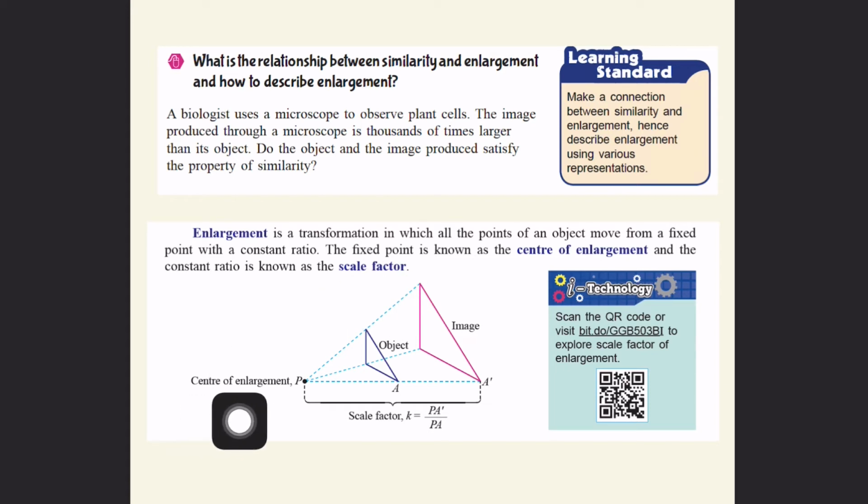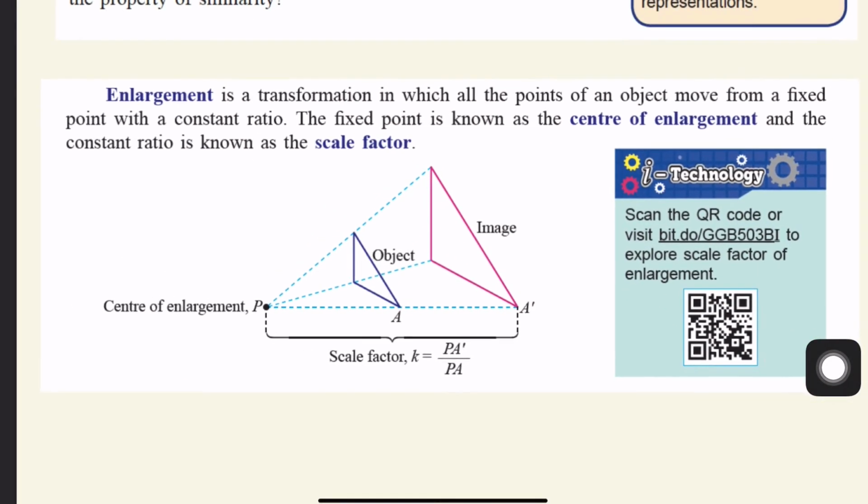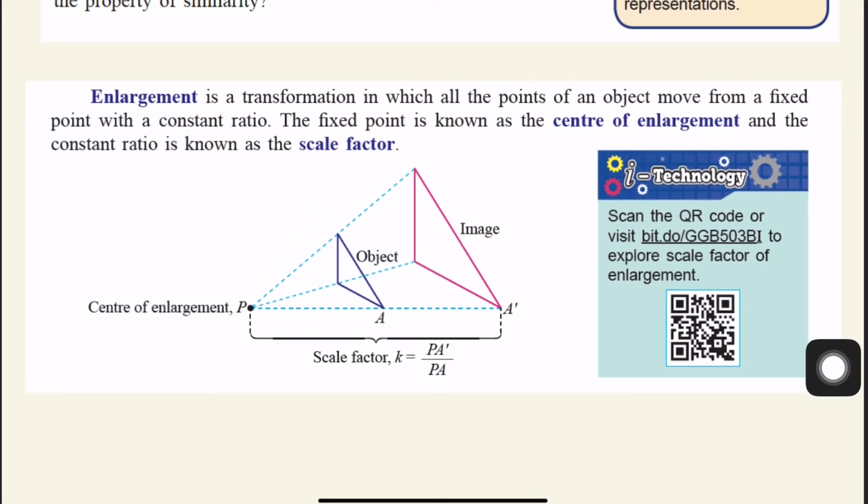For example, over here we have center of enlargement P, then you have the object, and then you have the image. From point P to A prime, the scale factor k is equal to PA prime over PA.